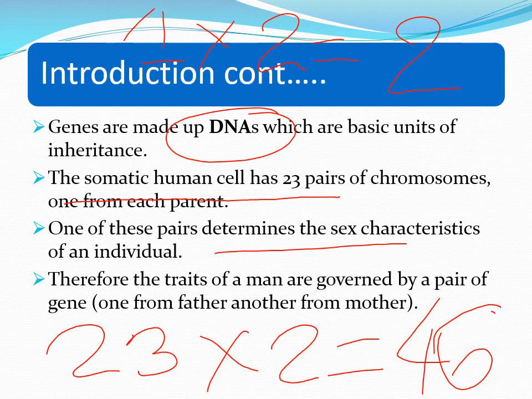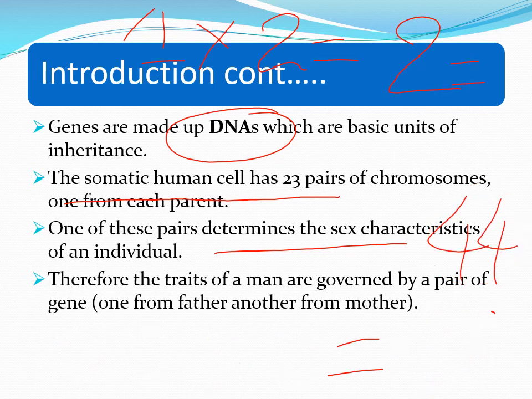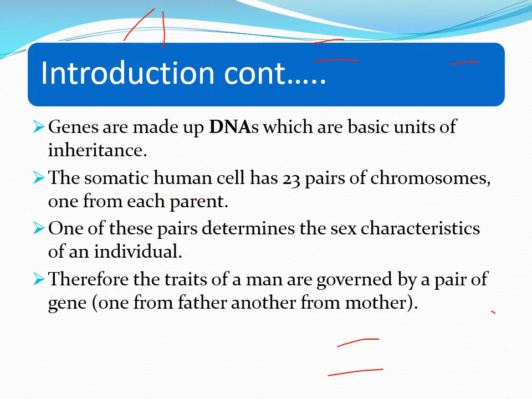So out of 46, we remain with 44 chromosomes, and these 44 chromosomes are the ones responsible for somatic traits. They are responsible for other characteristics which are not sex determination. They are not responsible for determining the sex of an offspring to be produced.